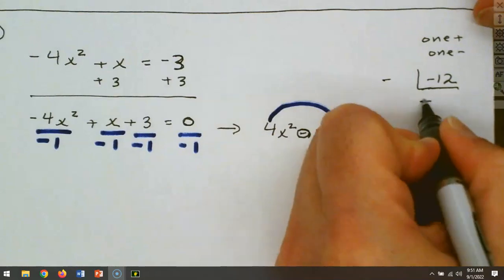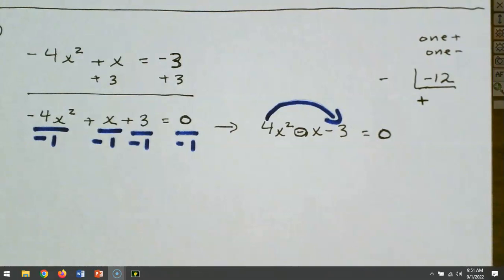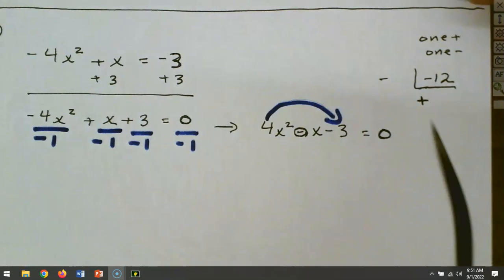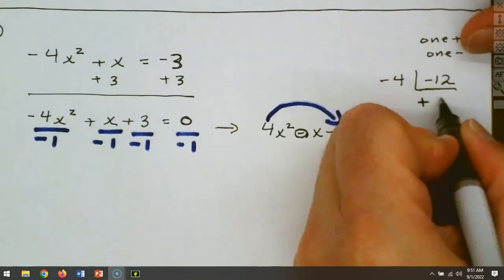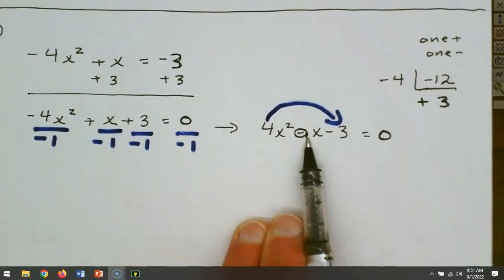What two numbers multiply together to give me 12 and subtract from each other to give you 1? 4 and 3, right? So we're going to use a minus 4 and a positive 3, because minus 4 times 3 is minus 12, and minus 4 plus 3 is minus 1, which matches the middle.